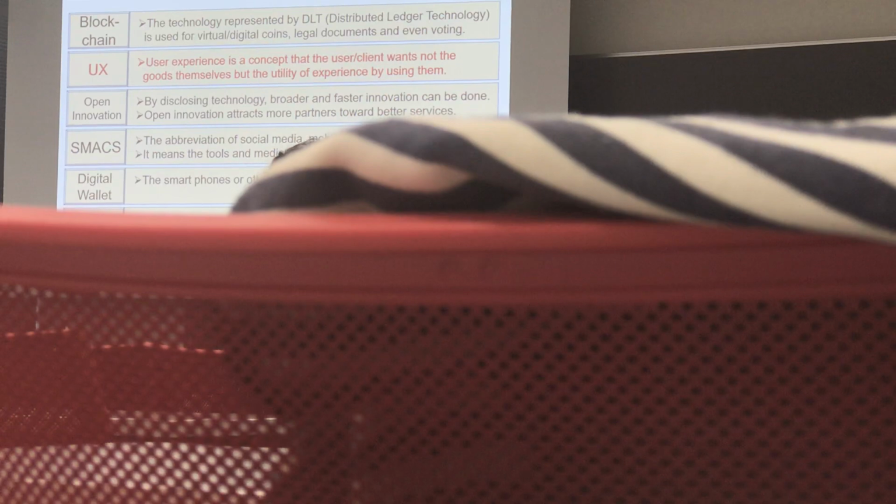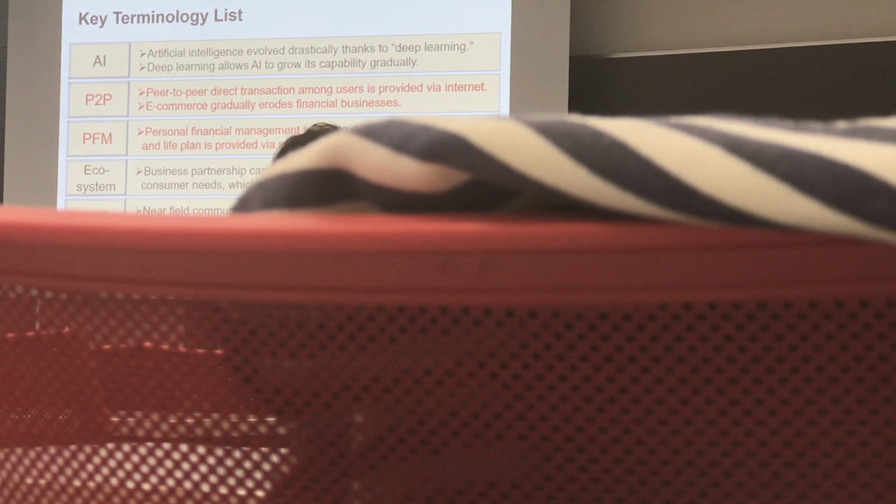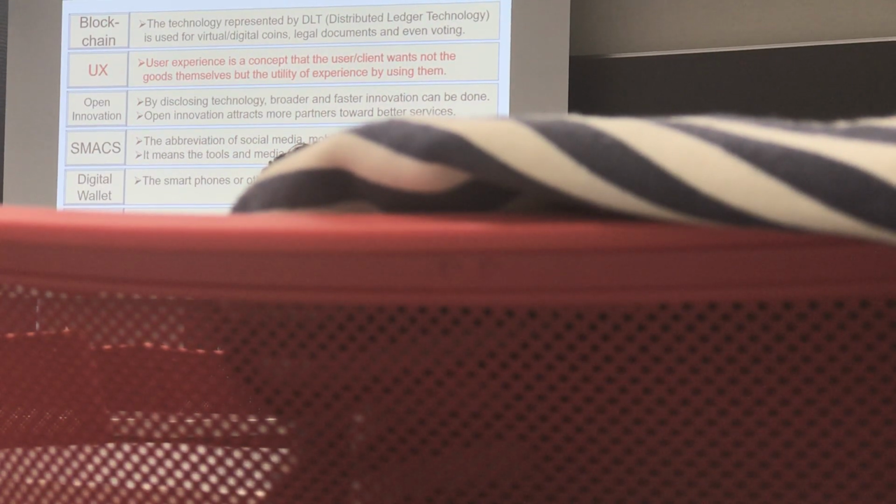And then go on to D, system, ecosystem. And also number 3, API, application program interface. So those are the key terminologies. You have to remember the major highlight, super highlight. Again, P2P, PFM, UX, ecosystem, and API.